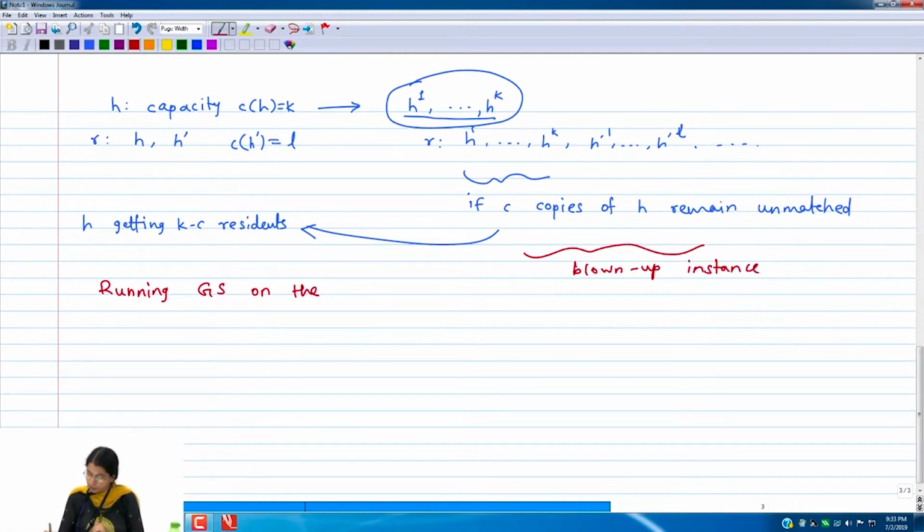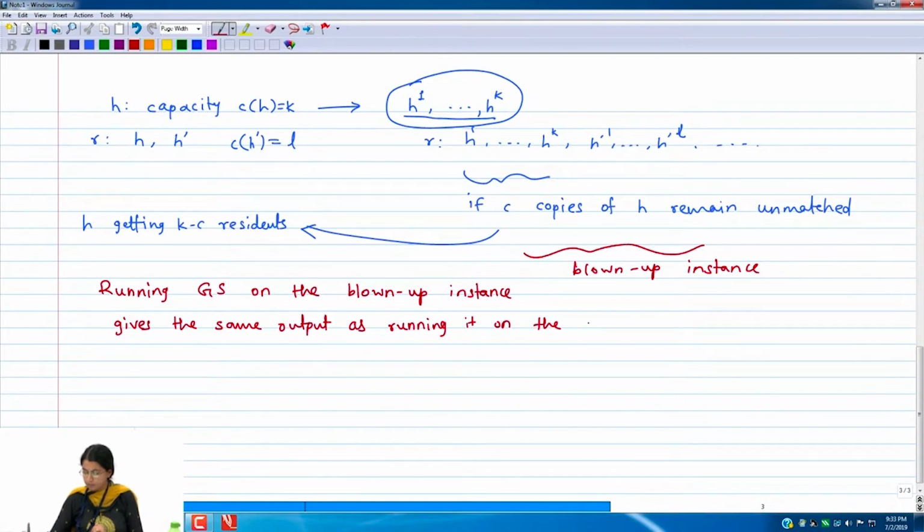So running GS on the blown up instance, this is not difficult to check or convince yourself, so I will not prove this, gives the same output as running on the original instance. Okay. So what advantage do you see?